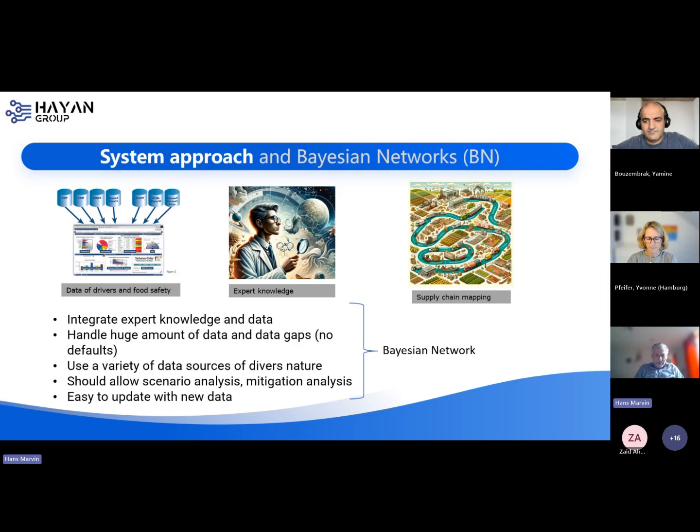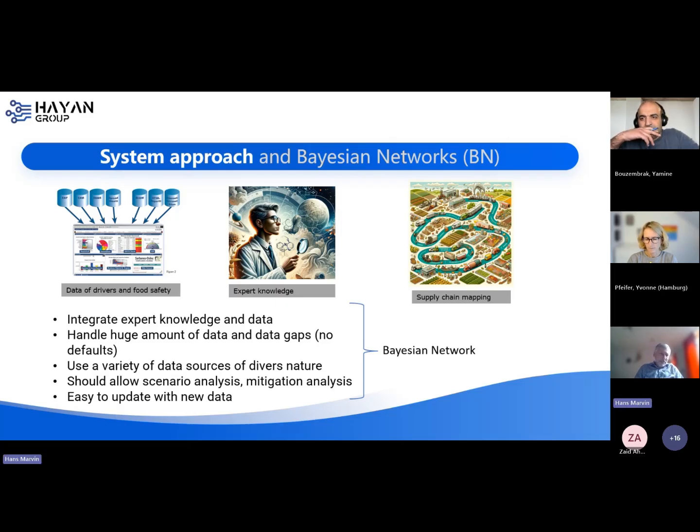Besides that, this model should be able to use a variety of data sources of diverse nature, and preferably also be able to make a scenario analysis, because you would like to see future scenarios and to what extent they impact the presence of food safety hazards on your product.